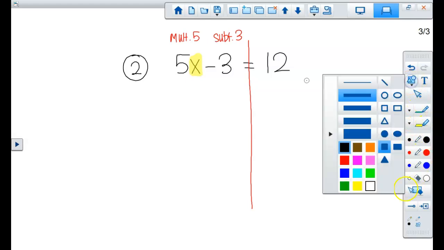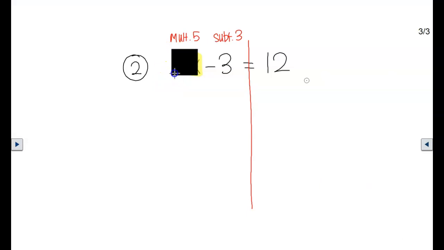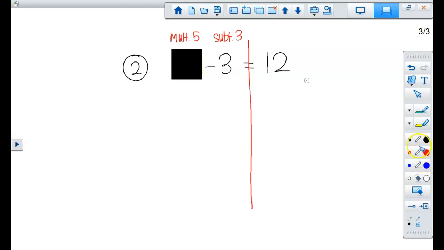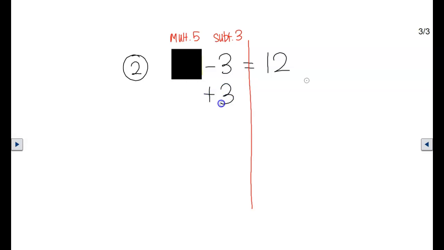All right, so the first step is we are going to cover up this term that has the x, so we can see whether we are adding or subtracting. We're always going to undo adding or subtracting first. I see minus 3. I see subtracting 3. So I do the opposite and I add 3, remembering that I've got to do that on both sides.